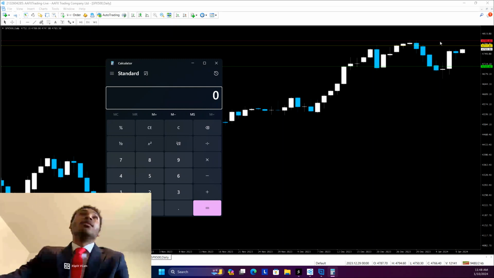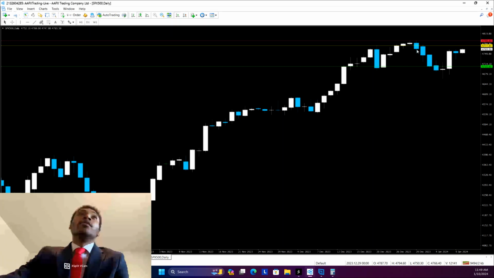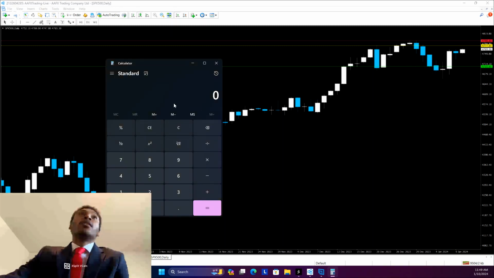This high right here may be hard to see, but it says 47.95, and the high of this candle is 47.9460. For this broker, AAFX, the spread is usually like 1.2 points.